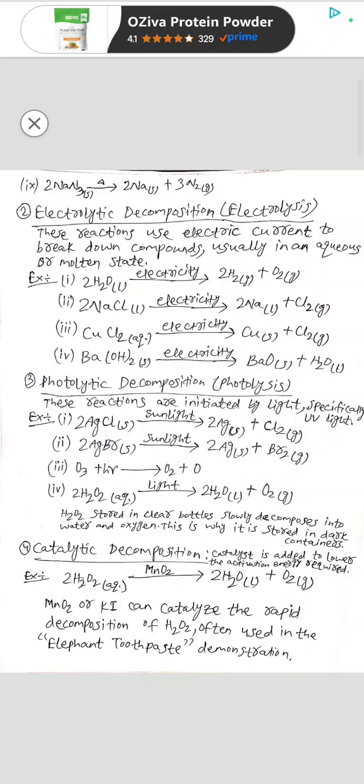These two types of decomposition reactions are used in black and white photography. In these reactions, a color change happens. That's why these two photo decomposition reactions are used in black and white photography.